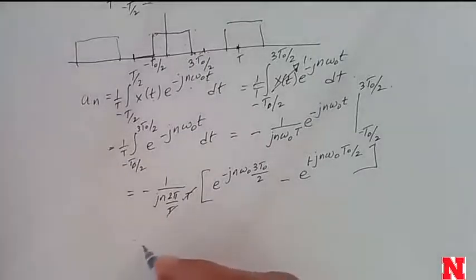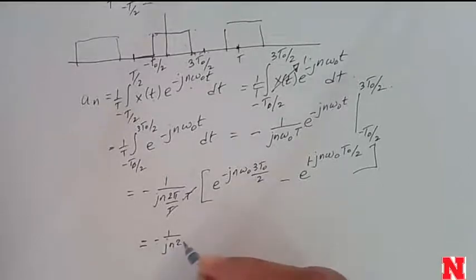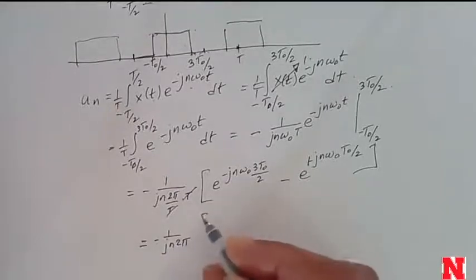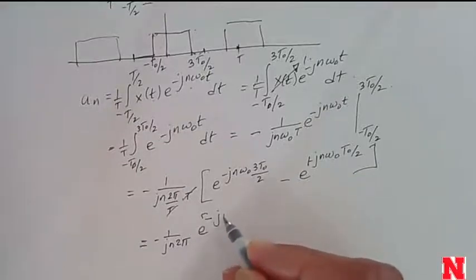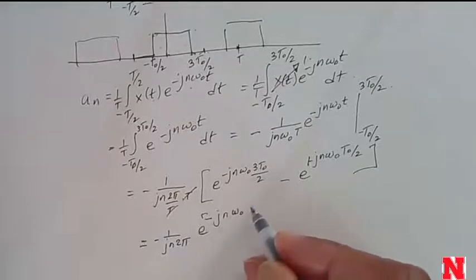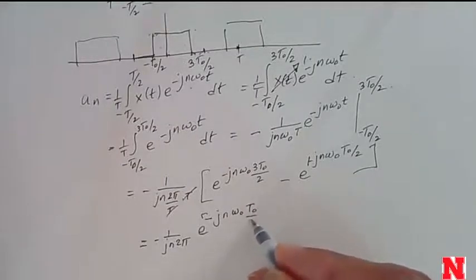Let me show you. So this is equal to minus 1 over jn 2 pi. And then I'm going to take out e to the minus jn omega naught t naught over 2.